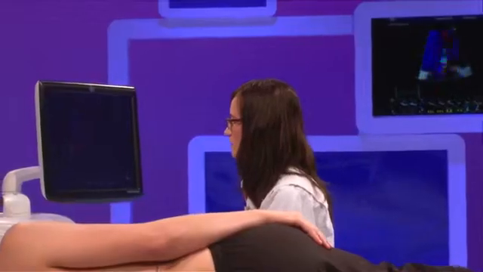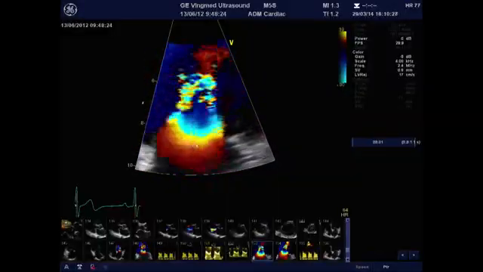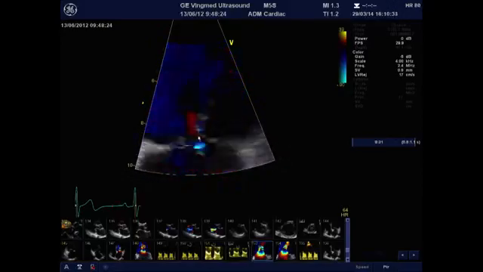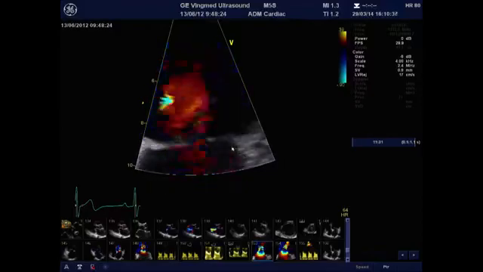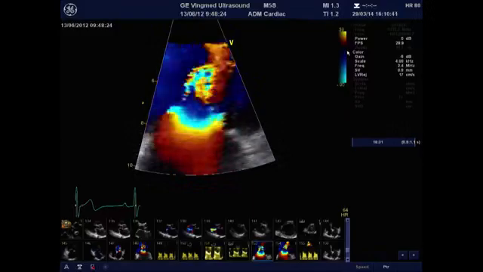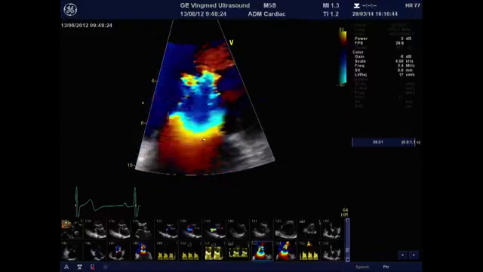The last method to assess the mitral valve stenosis is the PISA method, which is based on the continuity equation and also on the proximal isovelocity concept. To do this, you will need a zoomed apical four-chamber view, in which you apply the color Doppler like I did here, and you see you have to shift the baseline toward the direction of the flow to have a good delineation of the proximal isovelocity surface.